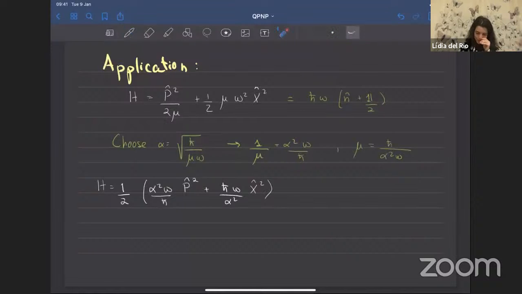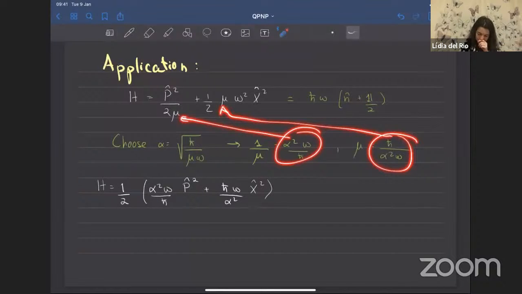Right, so I just apply these things directly into here and this directly into there.